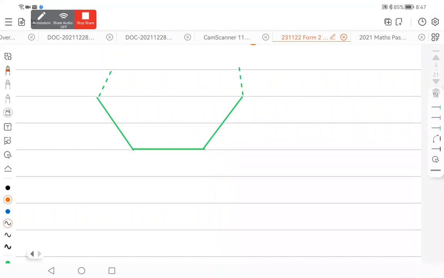But if I want you to prove to me that this is a regular hexagon, how will you do it? Just drawing the line? No, cannot. I repeat my question. How to prove that this is a regular hexagon? 180 minus interior angle, or 360 over exterior angle.